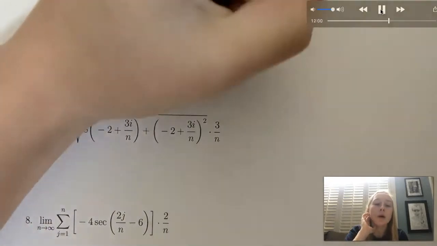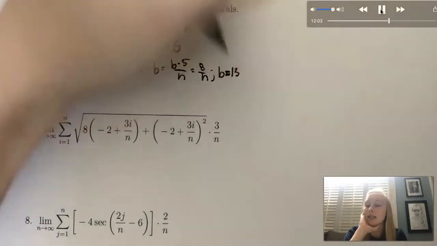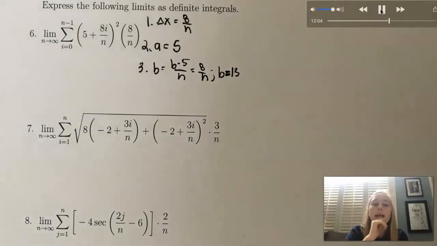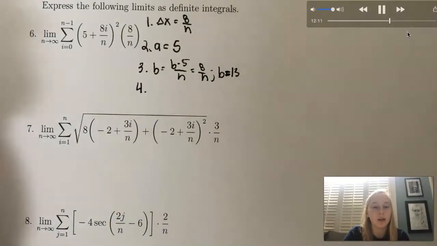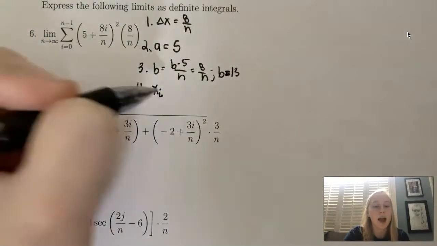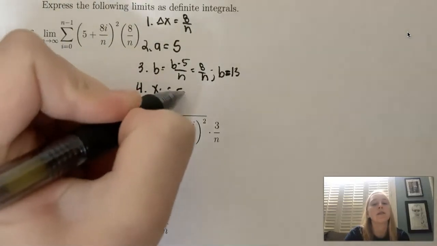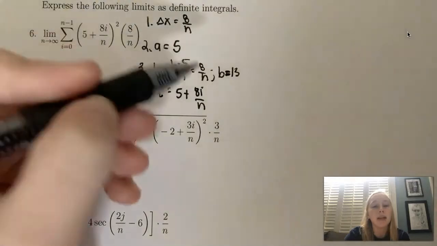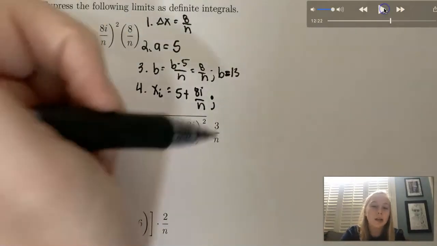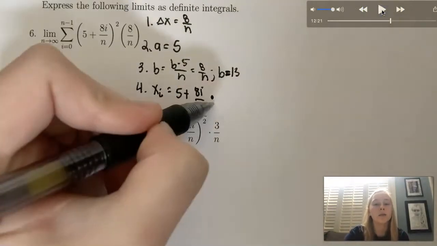Step number 4, we have to identify xi, and then identify what equation that xi was plugged into. So in this case, xi, hopefully as you guys can see, is 5 plus 8i over n. And if you squint and look, hopefully my hand's out of the way, you can see the equation that this xi was plugged into.